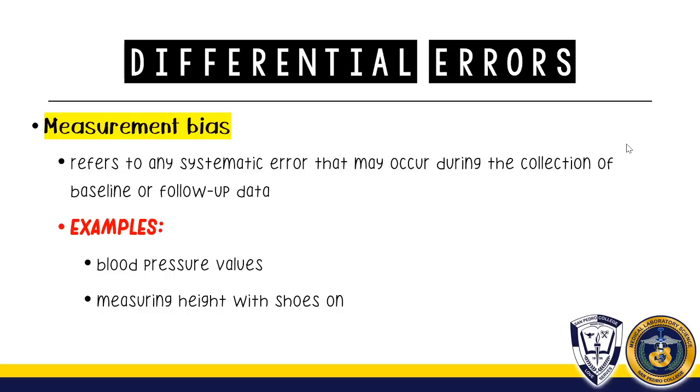Di ba, originally 5'4 lang siya, then tungod wala ninyo siya gipahubo sa iyang sapatos, and then iyang sapatos kay taas kayo og takong, nahimo na siyang 5'6", that is already a measurement bias. Or in terms of sa laboratory, pag certain substance, ang way ninyo na pag-measure sa iya kay different na methods, that is already a measurement bias.